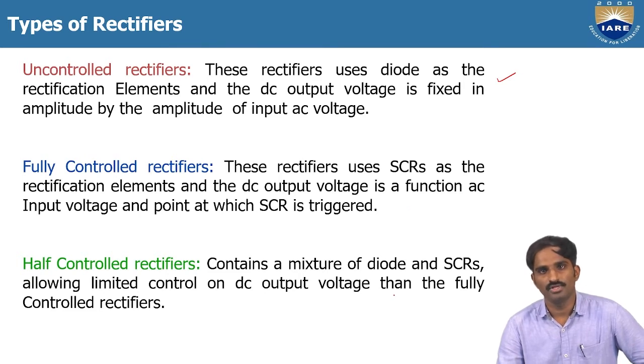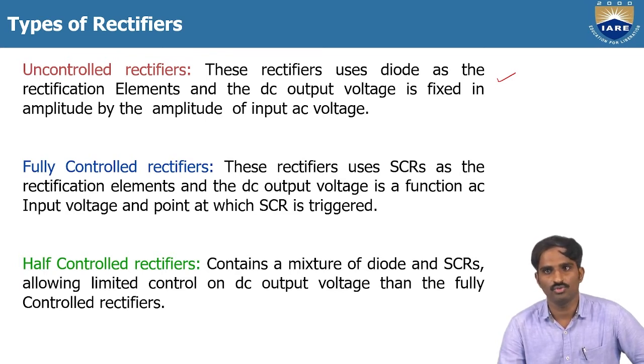And in the case of semi-controlled or half controlled rectifiers, the rectifying elements are a mixture of diodes and SCRs. That's why this is semi-controlled or half controlled, which means only to some extent we can control the output DC voltage, not fully.